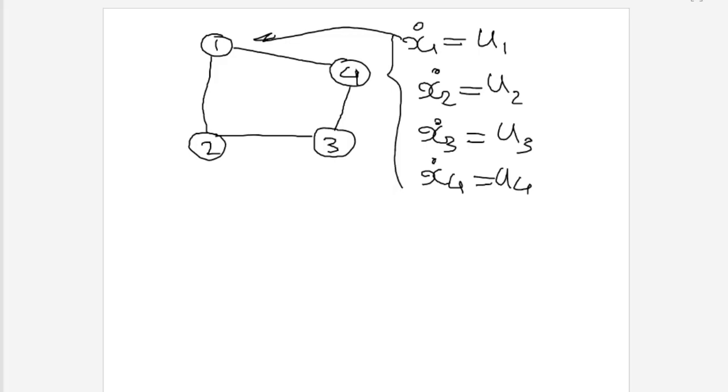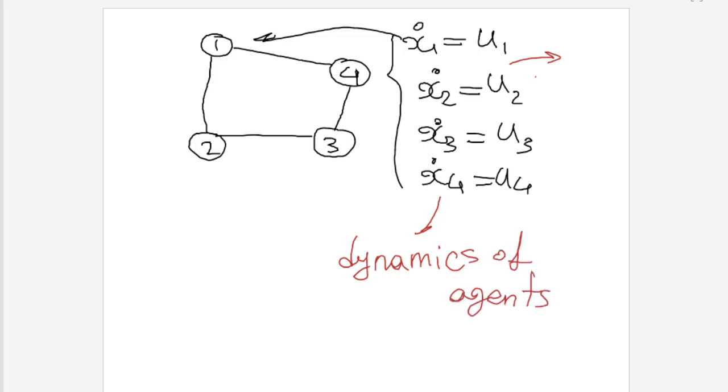Let me change the color of the pen. Okay, this is the dynamics of agents. This is the graph of connection.